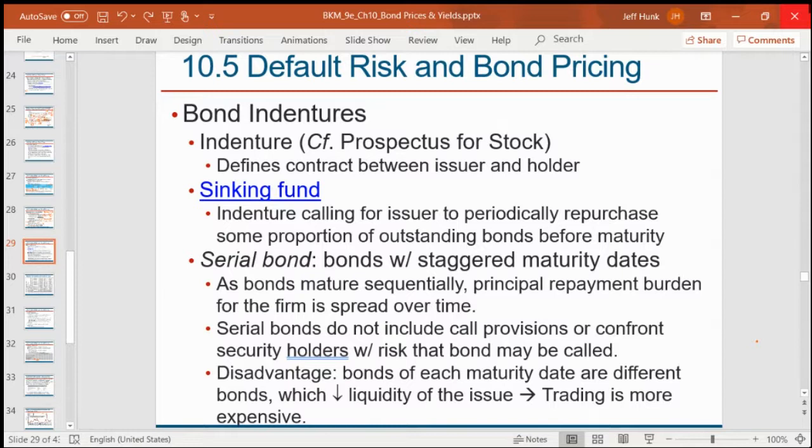So if they are starting a sinking fund, and the first one is maturing in the first quarter, the second one maturing in the second quarter, and so on, and the amount equals 1/40th of all the bonds sold, then you can reasonably guess that this issue of bonds will be retired periodically.